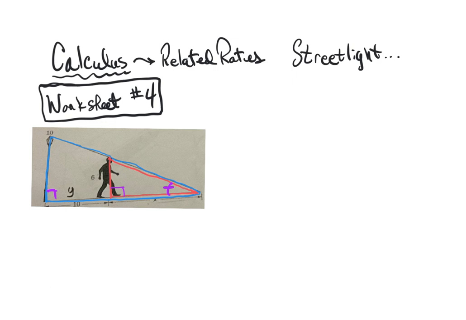From geometry class last year, if two angles of each triangle are equal, that forces the third angles to be equal, and therefore the two triangles are similar.